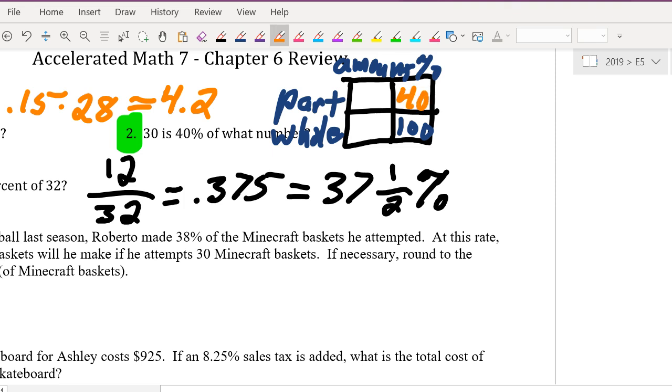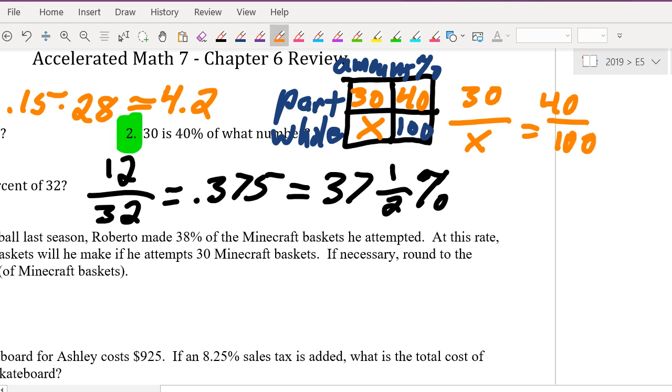And then you put 30 in the part and amount box. And then we have a mystery number down here. Very good, sir. So now we can use that to write our proportion.